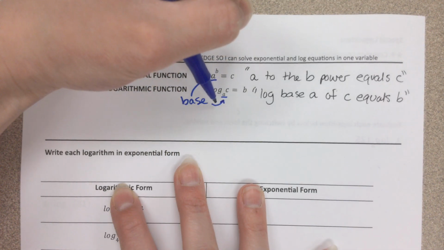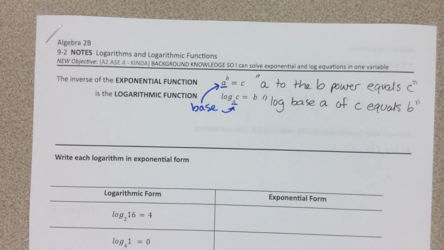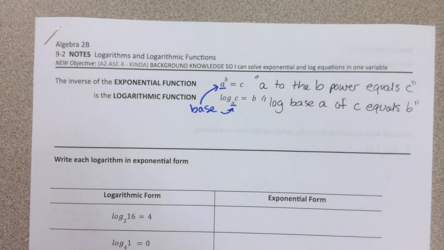This A right here, if you remember from the name, is also the base. So the base in both forms is the exact same number. That doesn't change. What does change is where the B and the C are. They're in different spots, depending on which form you're looking at here.